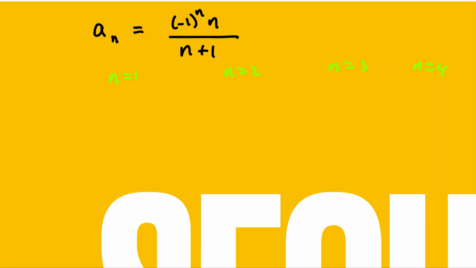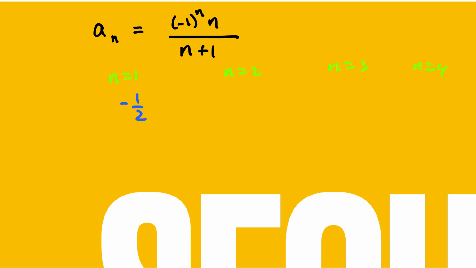Then you'd have 1 over 1 plus 1, which is 2. So you'd have -1/2. When n is equal to 2, and also when n is equal to 4, this term is going to be positive.